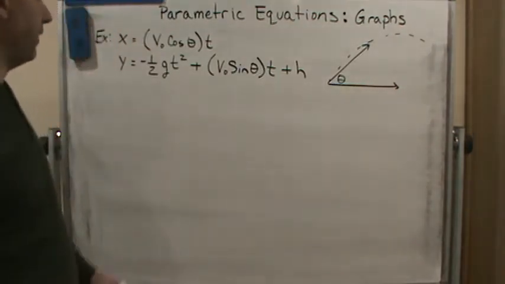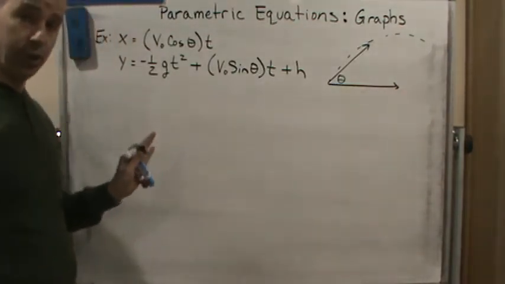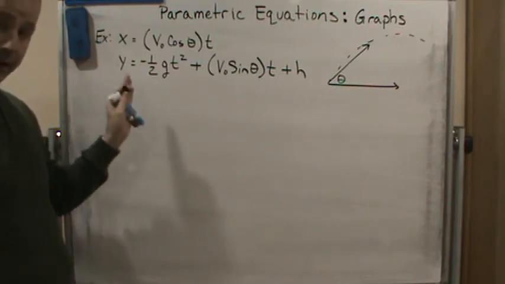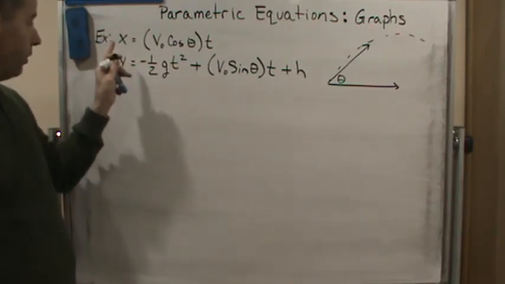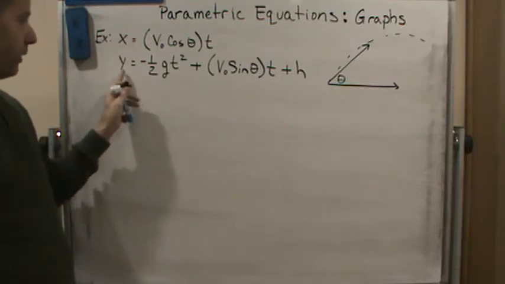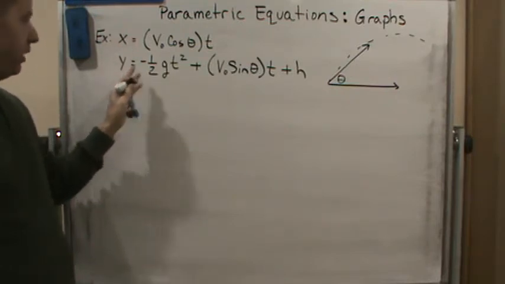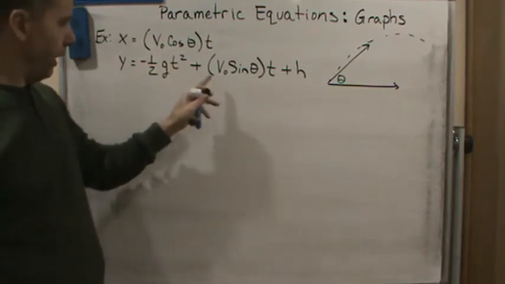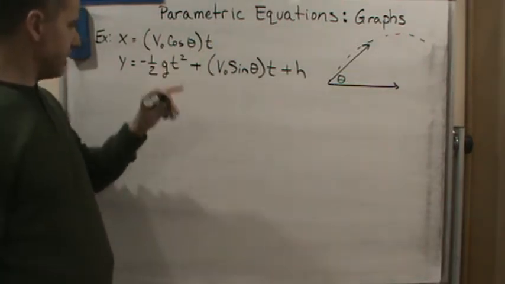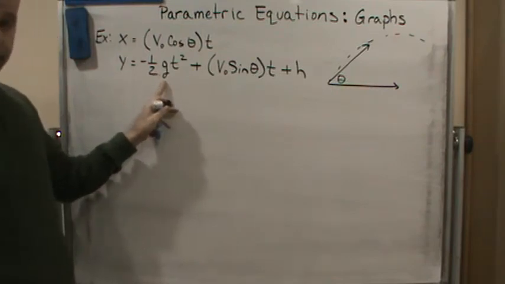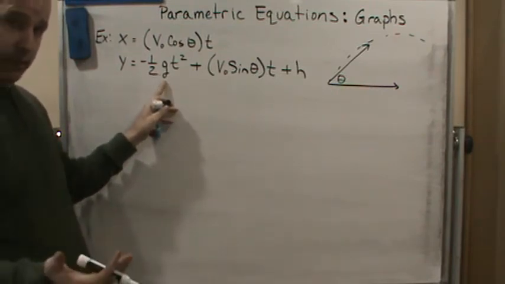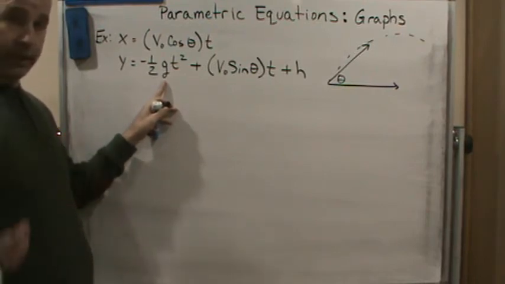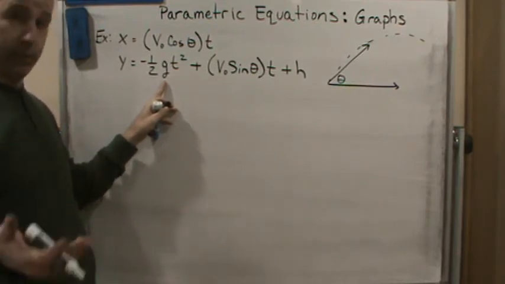Okay, and the parametric equations that are used to model the x direction and the y direction are given by these two equations, where v sub 0 is the initial velocity, t is time, and g is the gravitational constant. It's either going to be given in feet per second squared, which would be 32, or in meters per second squared, which would be 9.8.